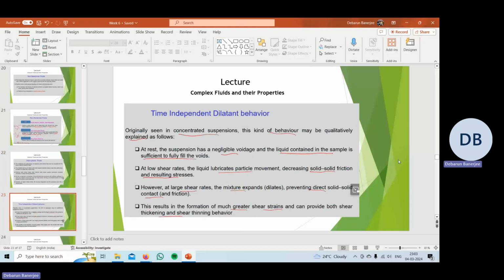On the other hand, for time-independent dilatant behavior, what happens? At rest, the suspension has a negligible void fraction and the liquid content in the sample is sufficient to fully fill the voids. Then at low shear rate, the liquid lubricates particle movement, decreasing the solid-solid friction and resulting stresses.